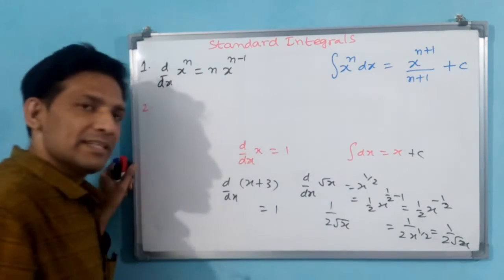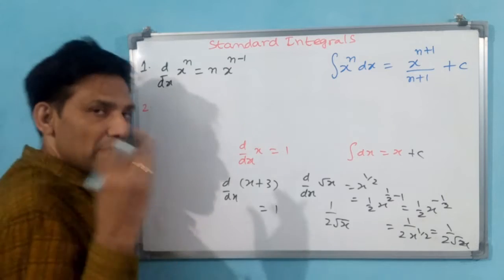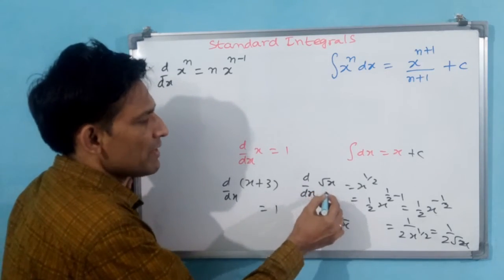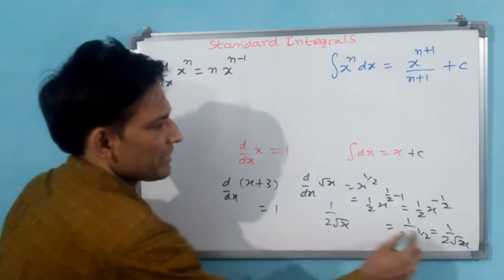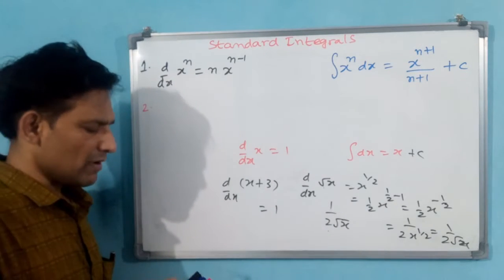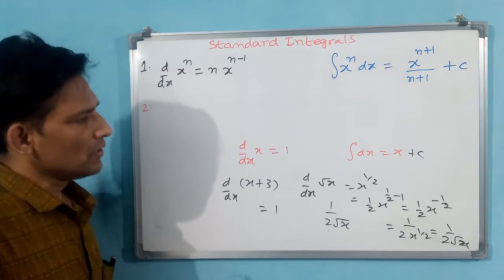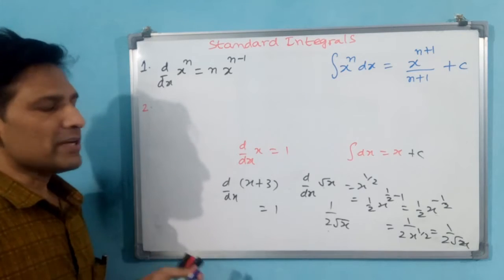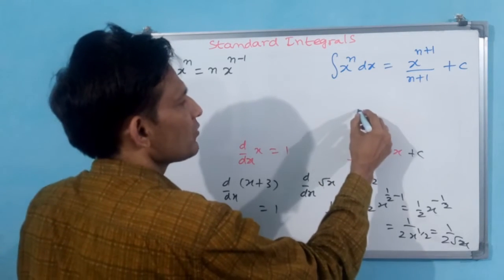This much procedure is there. That is why we simply remember that d by dx of root x is equal to 1 by 2 root x. Because this much calculation again and again we don't do. We write it directly. What about integral root x?